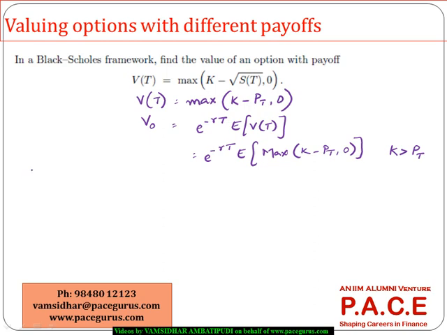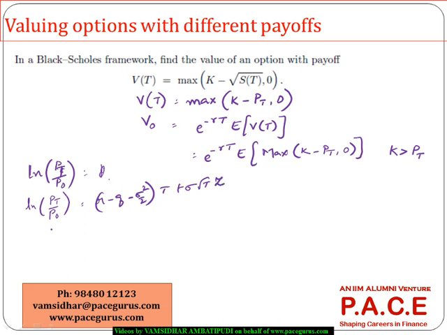Now the other expression that I want: when I am looking at log PT by P0, using the risk neutral pricing mechanism, I can write it as r minus q minus sigma squared by 2 times T plus sigma root T times Z. So from here I can get PT equal to P0 times e to the power of r minus q minus sigma squared by 2 times T plus sigma root T times Z. That is coming out as PT.